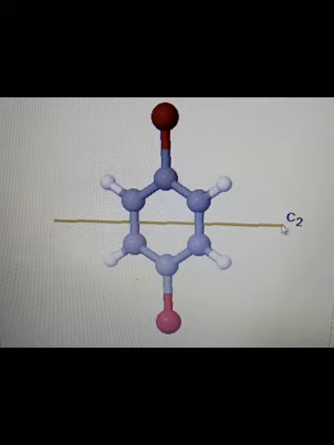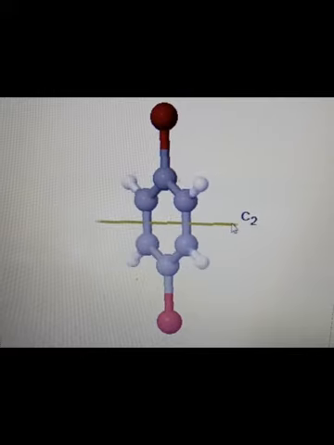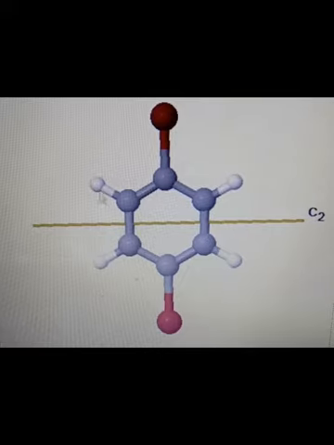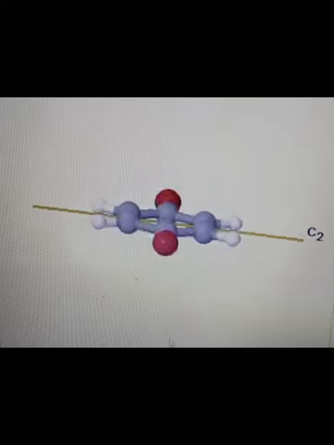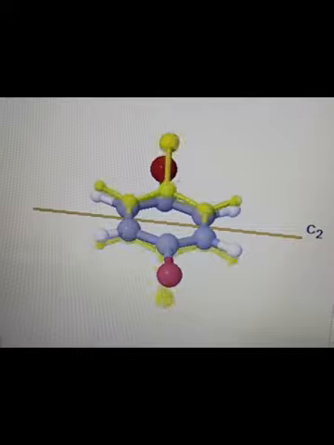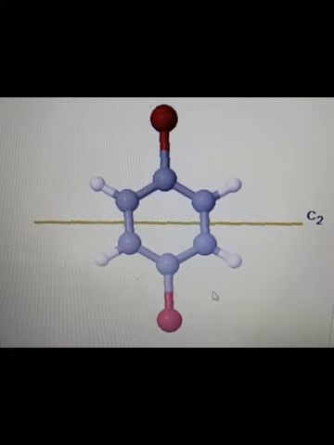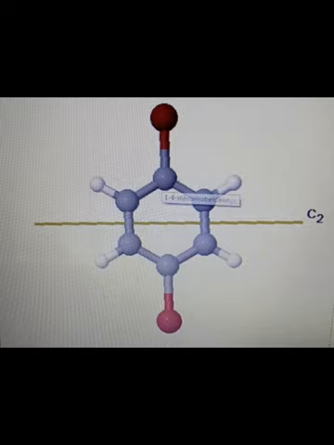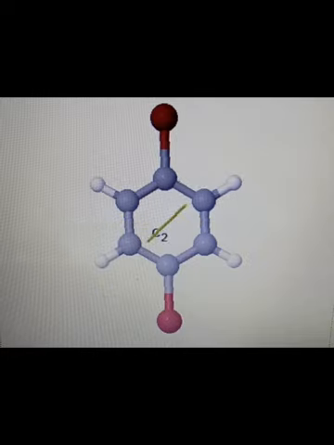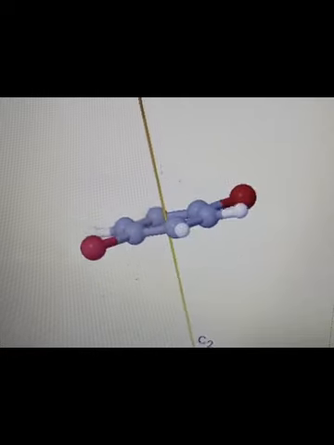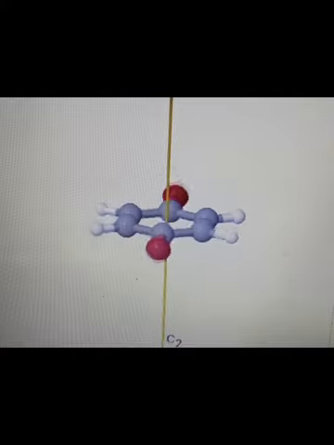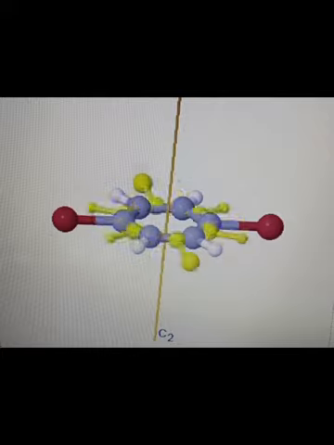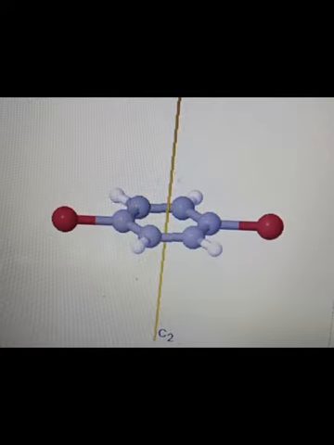Just go through the first C2, which is passing through the opposite edges of the benzene ring. This is how the one C2 rotation is taking place. The other C2, which is passing through the center of the benzene ring, on rotation will give you the equivalent structure.